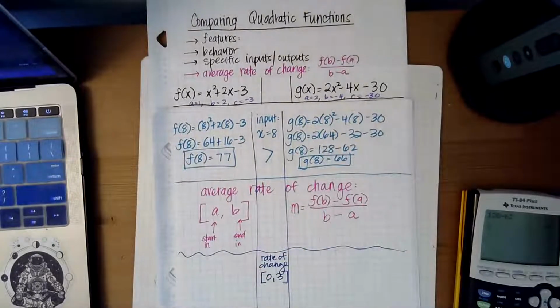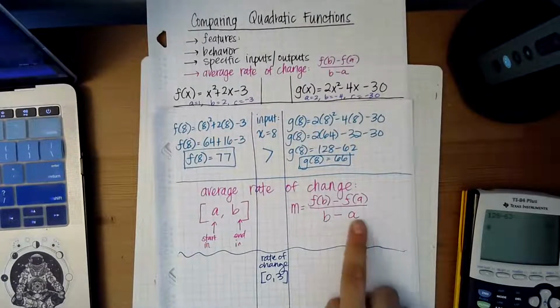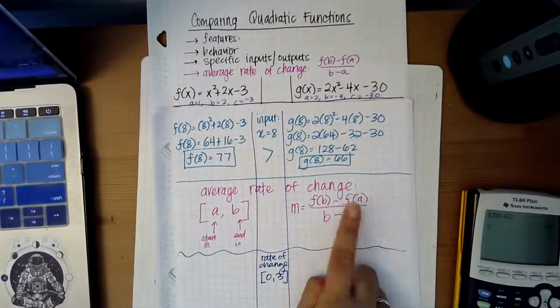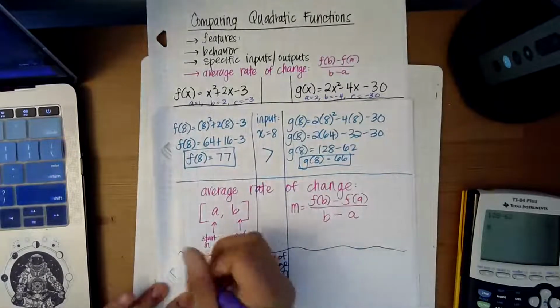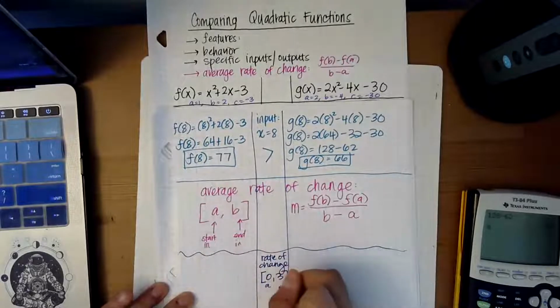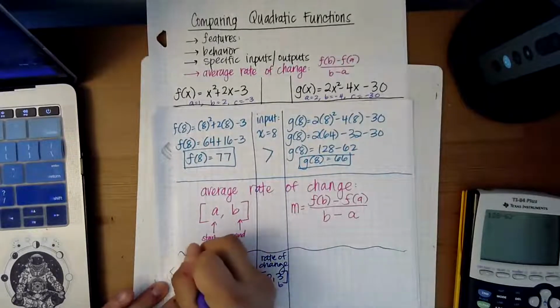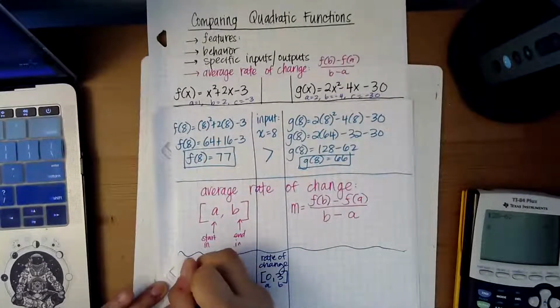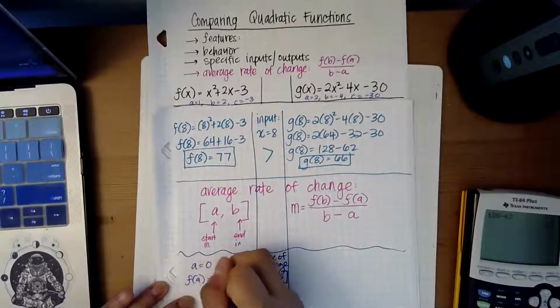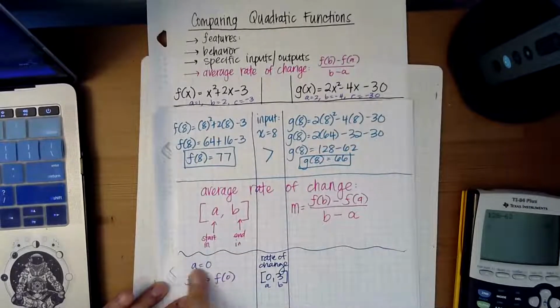So the very first thing I have to do is figure out what is a, what is b, what is f of a, and what is f of b for both of these functions. So this is a and this is b. We recognize a is equal to 0. I now have to figure out what f of a is going to be. So f of a is going to give me f of 0. See that?